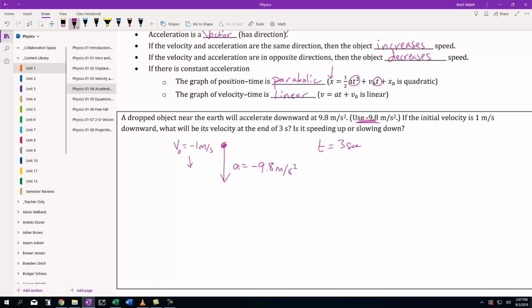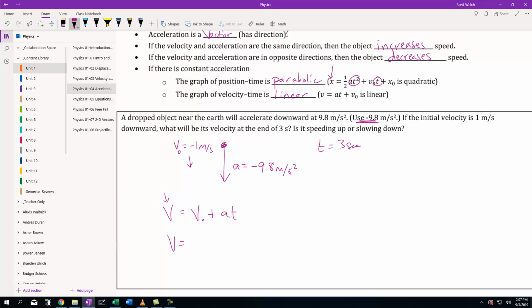Okay, and we're asked what's the final velocity at the end of the 3 seconds, and then is it speeding up or slowing down? Well, using that equation, v equals v0 plus at. Keep in mind that this is our final velocity, which is what we're being asked to find.